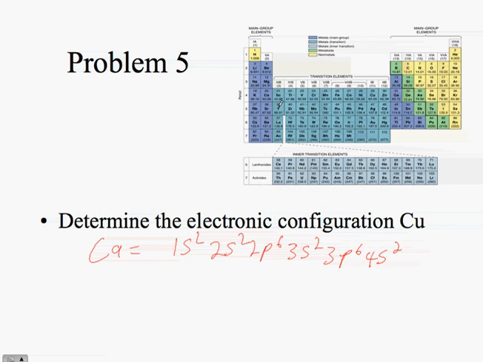Wait, we're messing up. 4s2, and now we're going into our D block element.